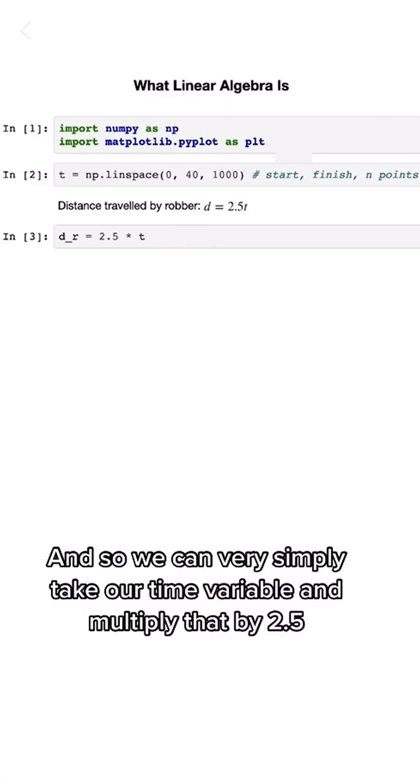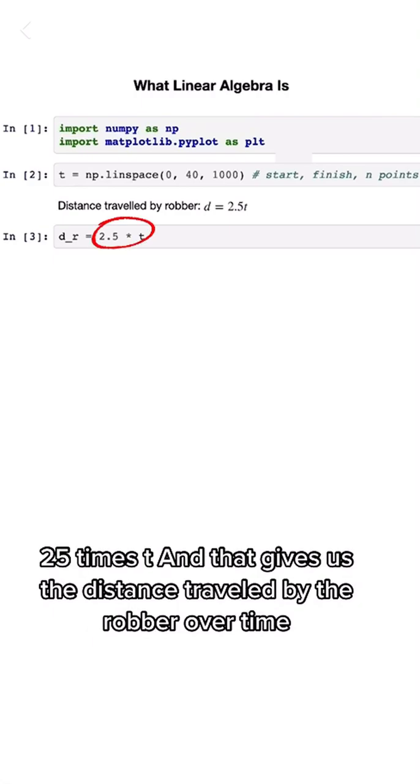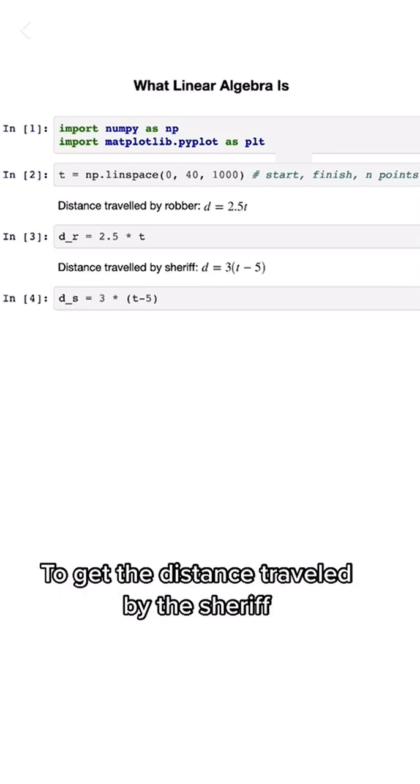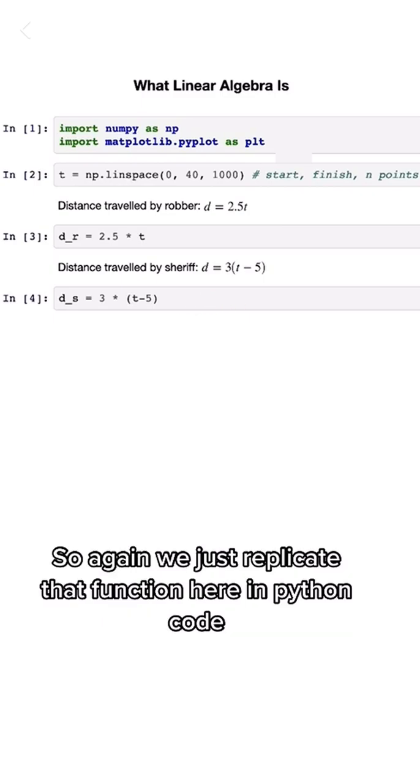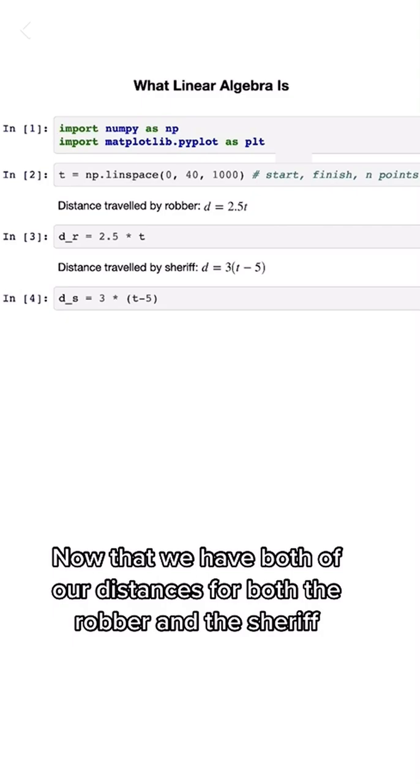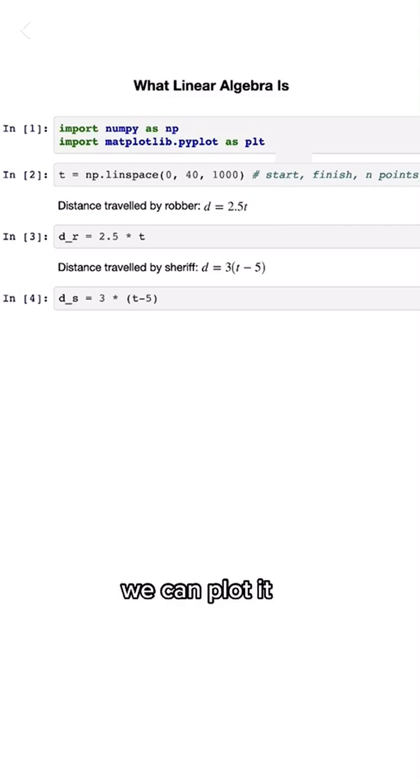And so we can very simply take our time variable and multiply it by 2.5, and that gives us the distance traveled by the robber over time. To get the distance traveled by the sheriff, the function is d equals 3 times (t minus 5). So again, we just replicate that function here in Python code. Now that we have both of our distances for both the robber and the sheriff, we can plot it.